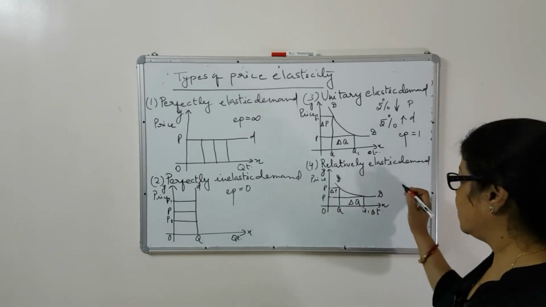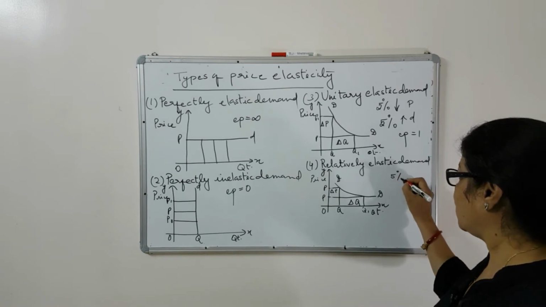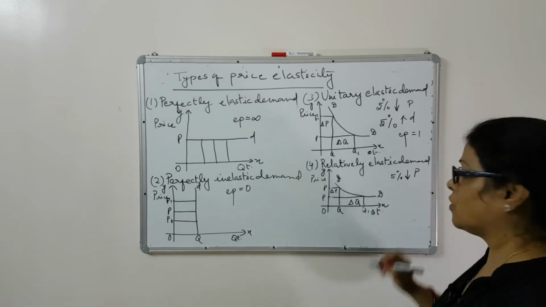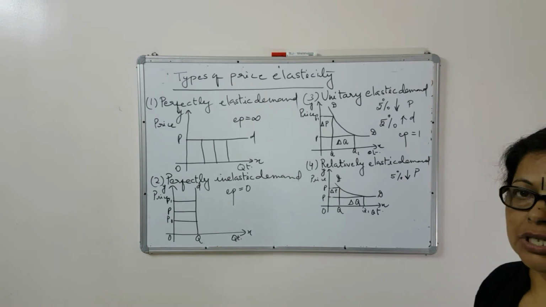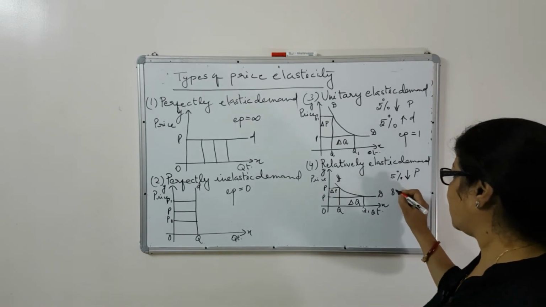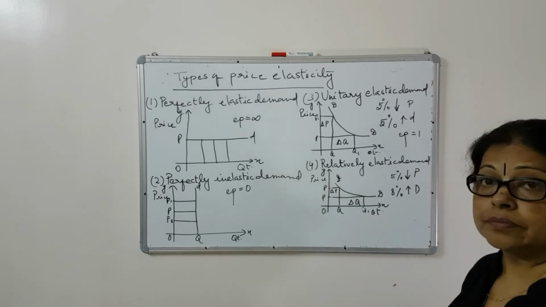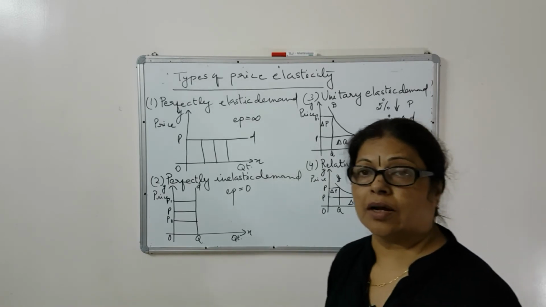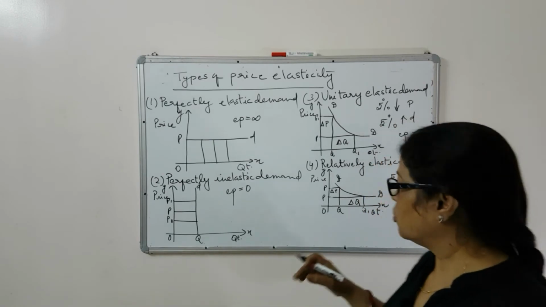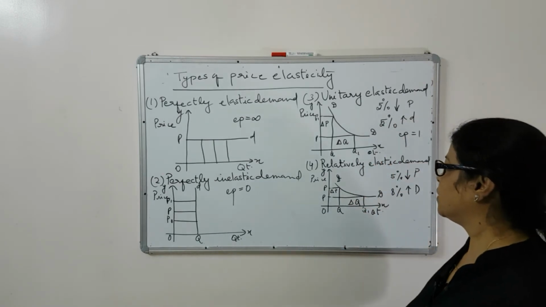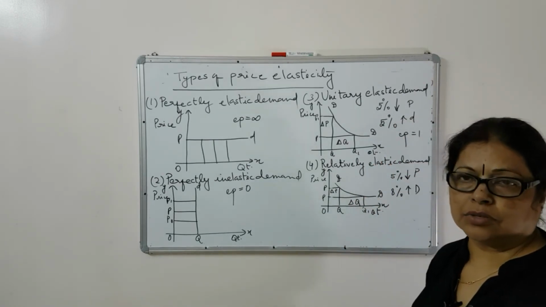Means if there is a 5% fall in the price of Color Plus t-shirts, demand may rise by 8%, because people will love to buy. So it is applicable in case of luxury goods.